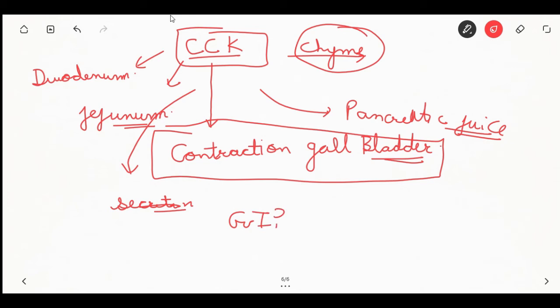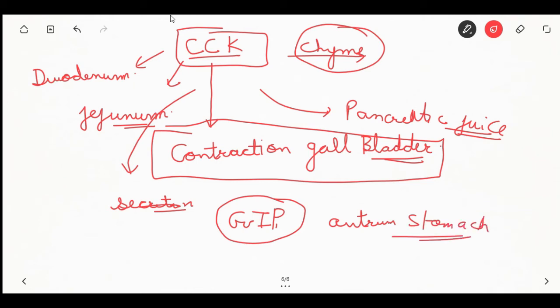Another hormone is gastric inhibitory peptide. It is secreted in the duodenum, jejunum and antrum of the stomach. It is secreted when chyme containing glucose and fat enters the duodenum.